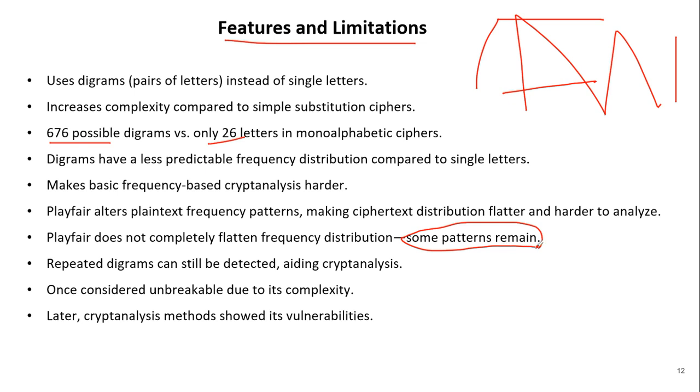When some patterns are repeated in the plaintext, we get the same mapping in the ciphertext, and from that, the same pairs frequently occur, so the hacker can get an idea. We will see an example for this. Repeated digrams can still be detected, aiding cryptanalysis. Once considered unbreakable due to its complexity, later cryptanalysis methods showed its vulnerabilities.